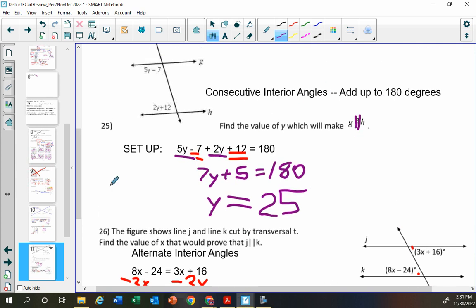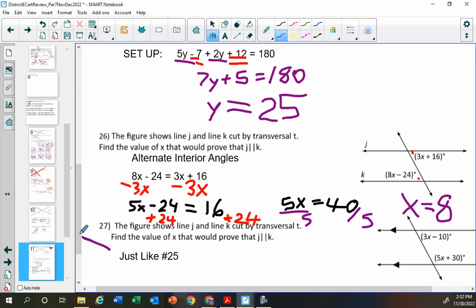Consecutive interiors. The only difference is your setup. You're just going to replace 5y minus 7 plus 2y plus 12 with 3x minus 10 plus 5x plus 30. Those add up to 180. But that's all I'm going to talk about for that one. That's stuff you should know by now. We've done it more than plenty of times.